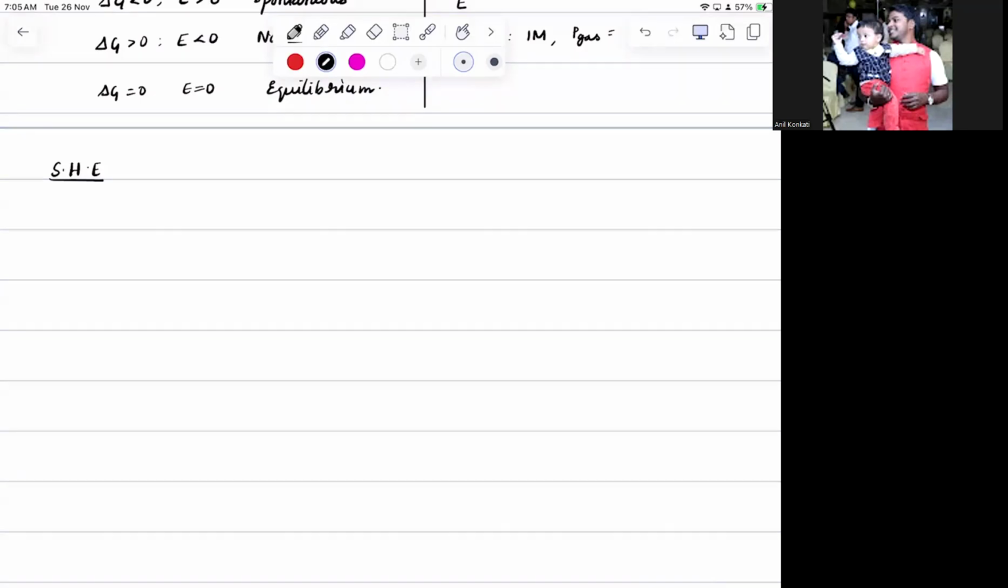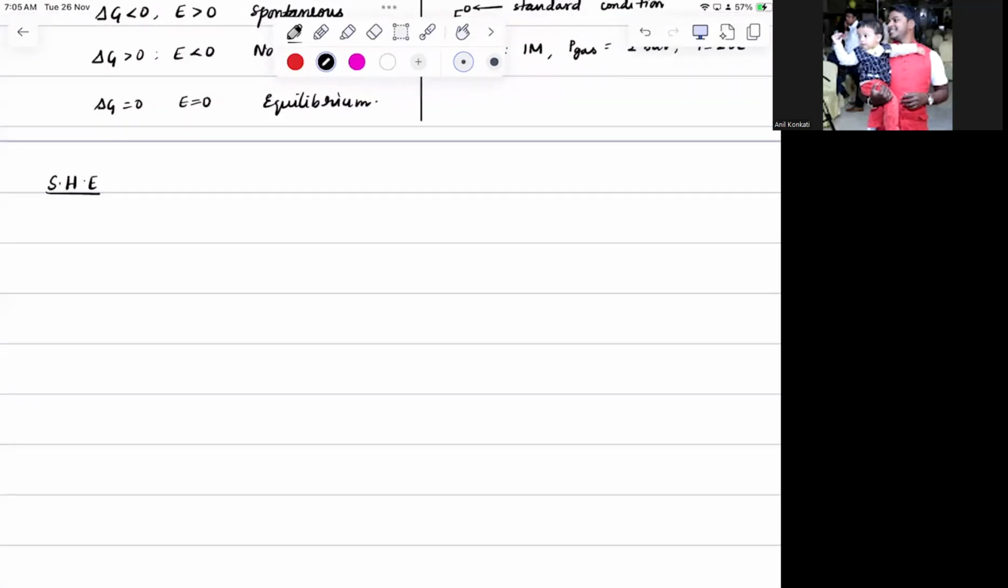According to the standard hydrogen electrode, the basic assumption is that E naught of H+ to H2, that is the reduction potential of hydrogen or the oxidation potential of hydrogen, is equal to 0.